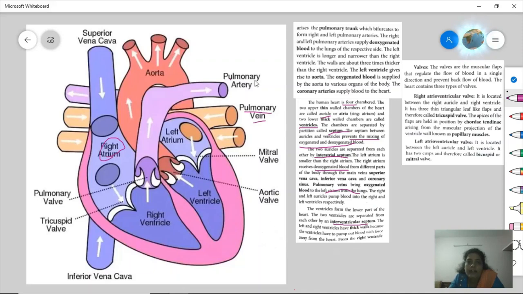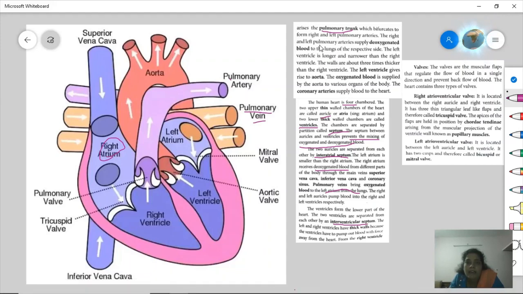From the right ventricle arises the pulmonary trunk, which bifurcates to form the right and left pulmonary arteries.